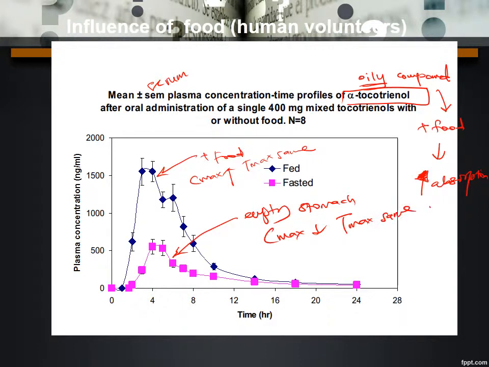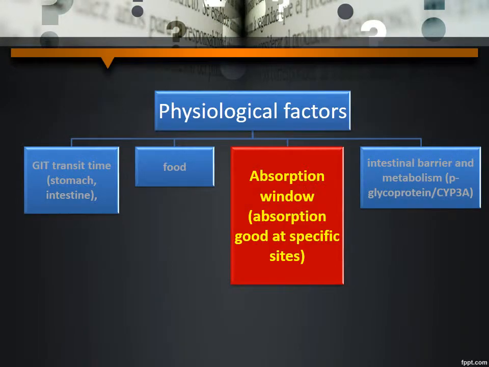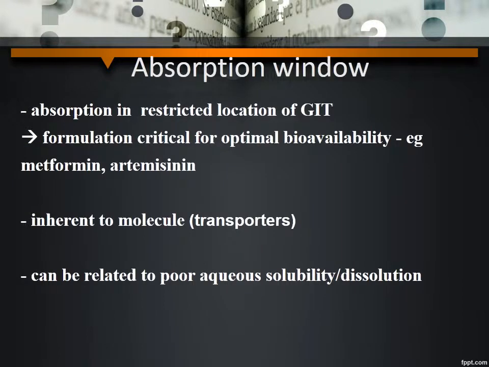Okay. So now let's talk about the third factor affecting the bioavailability of the drugs. The third physiological factor includes the absorption window of a drug. So what do you mean by absorption window? When the absorption is restricted to a certain location of the GIT, the formulation will be critical for optimal bioavailability.